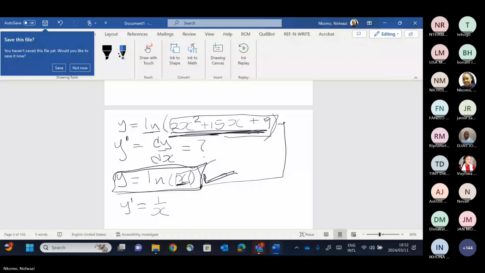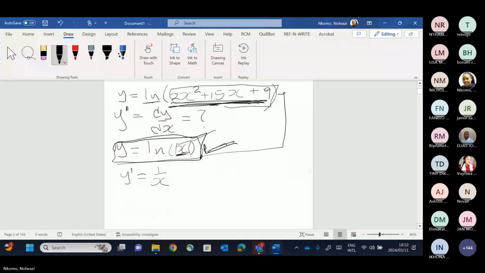Okay, say u equals x squared plus 15x plus 9, right?